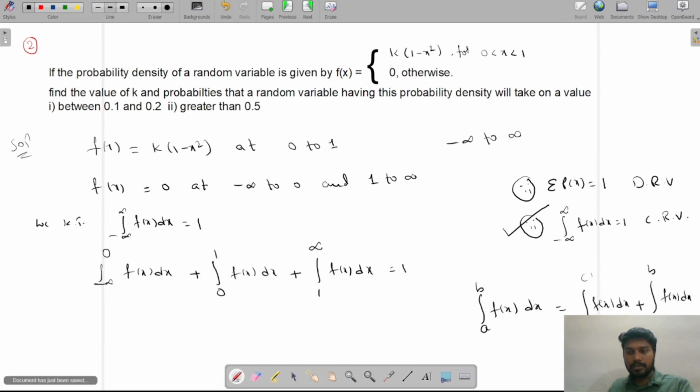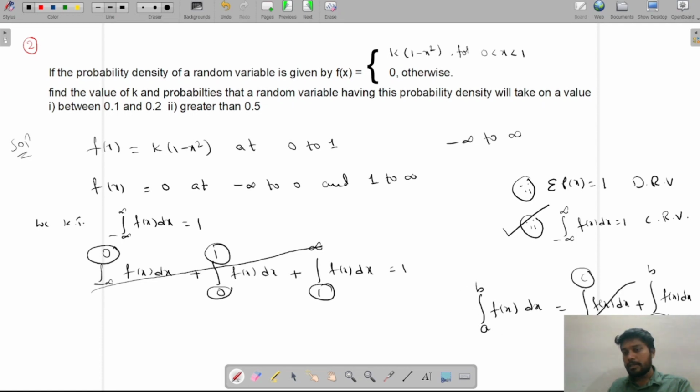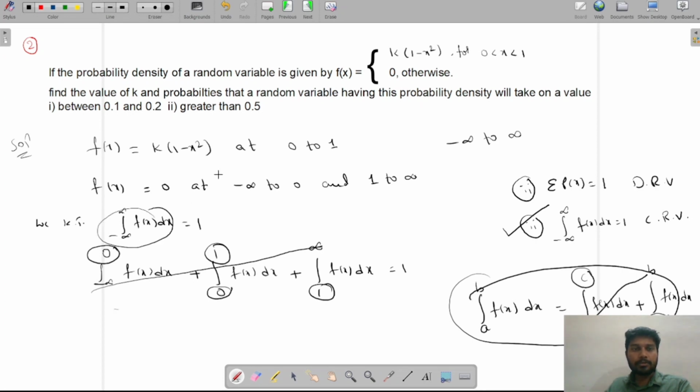See, the upper limit of one becomes the lower limit of the next. Similarly, this is the upper limit and here is the lower limit. So I can write minus infinity to plus infinity here as a to b. Okay, so this concept I implemented in my present question. Why?